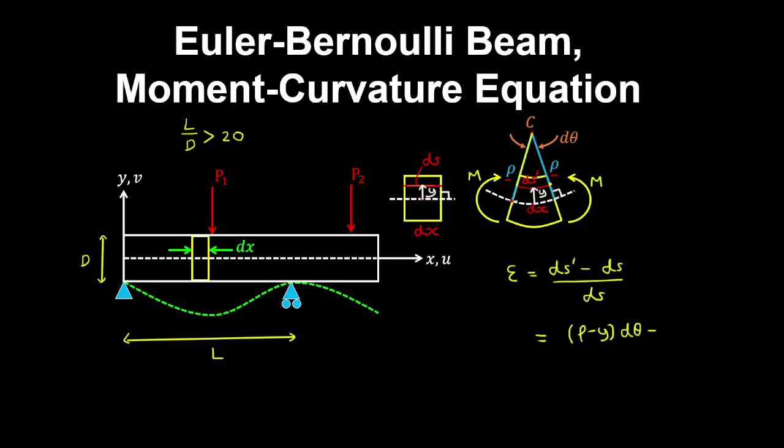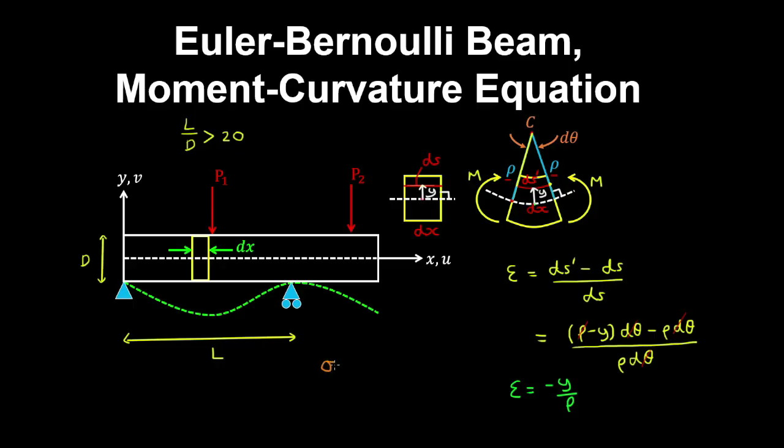So that will be rho d theta, and then over the undeformed length of the fibre. So rho d theta cancels with this one, and then the d thetas cancel, so we end up with the strain being minus y on the radius of curvature, where y is the distance of the fibre from the neutral axis.